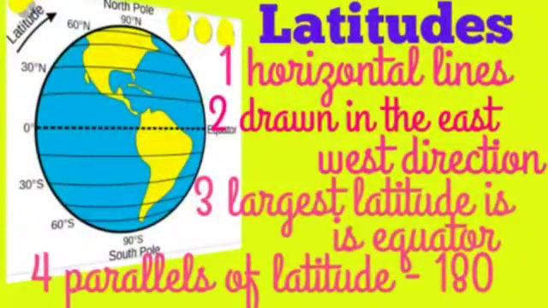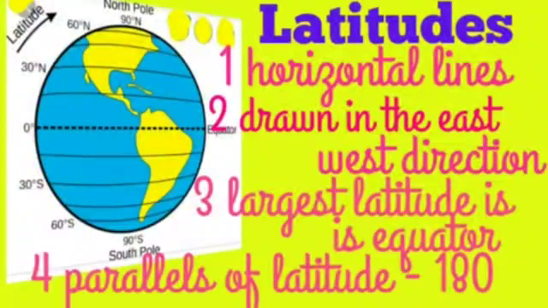So in all, there are a total of 180 parallels of latitude. The angular distance from the equator is measured in degrees. Each degree is further divided into minutes and each minute into seconds.